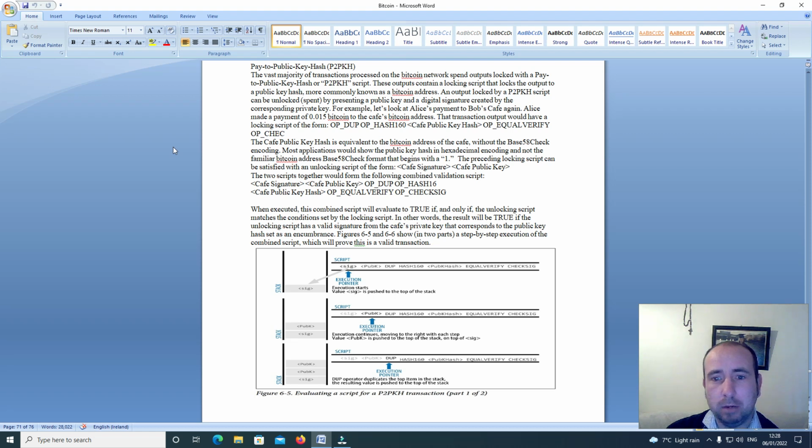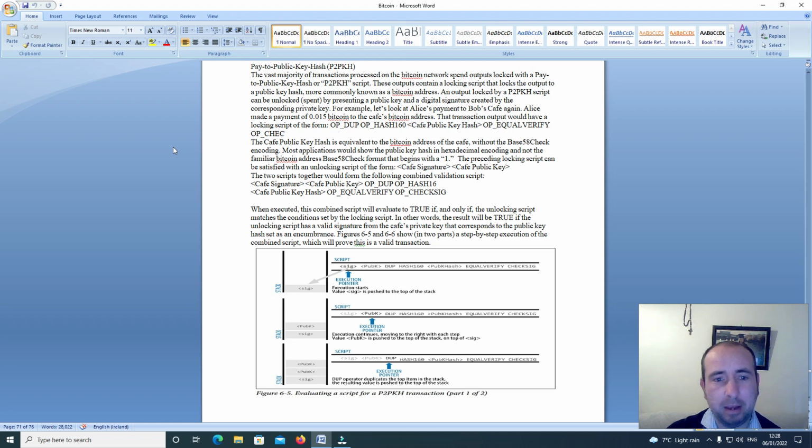An output locked by a P2PKH script can be unlocked, spent, by presenting a public key and a digital signature created by the corresponding private key. For example, let's look at Alice's payment to Bob's Cafe again.